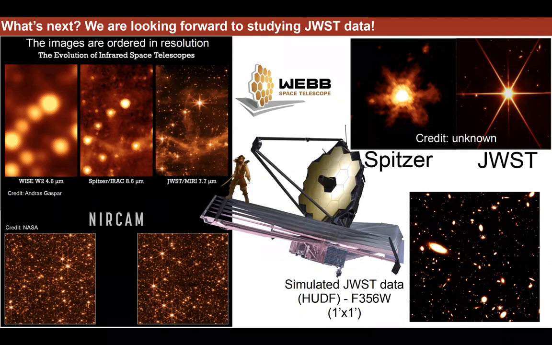And will you get more precise information with JWST data? Yes, exactly. Because we will have much more coverage at longer wavelengths, so we can better constrain the metallicity and also the stellar mass.